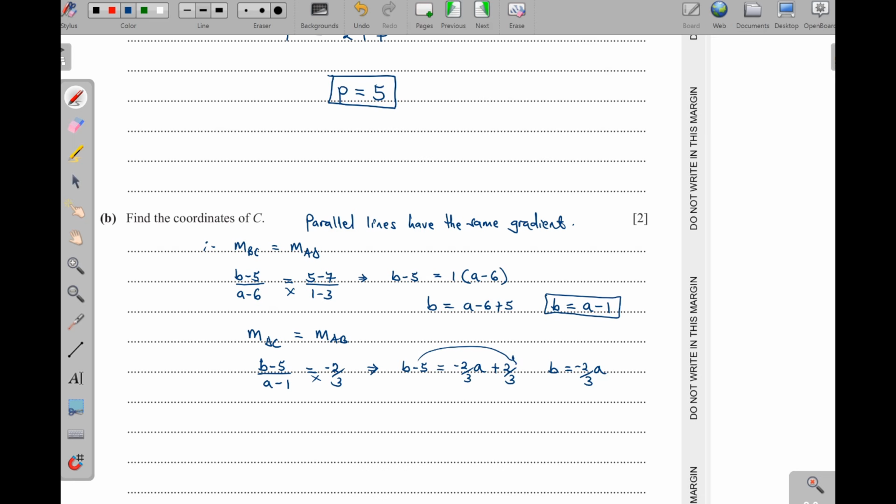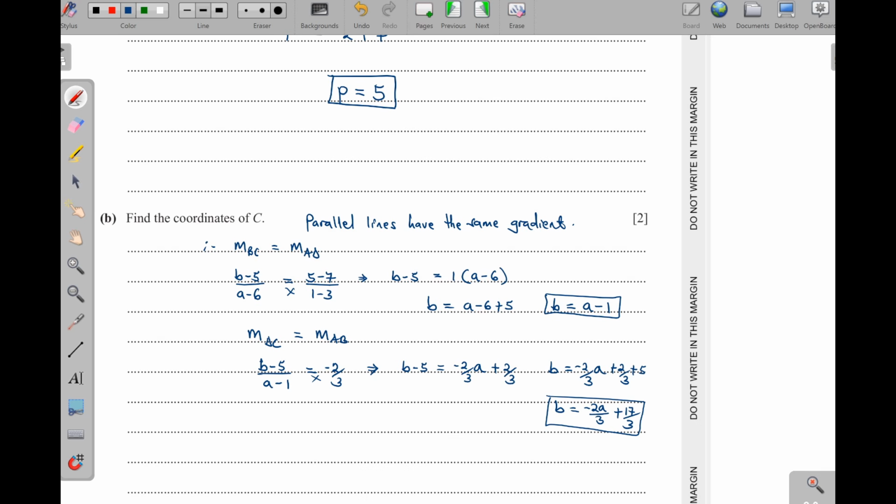When it comes to this side, it's a plus. So we have plus 2 over 3, then plus 5. And our b here is going to be equal to negative 2a over 3, this is 15 plus 2, isn't that a 17? I think. So plus 17 over 3. That is what we are having.